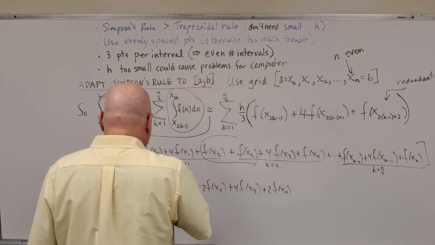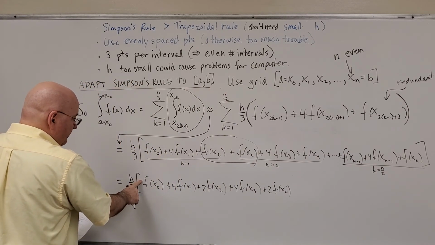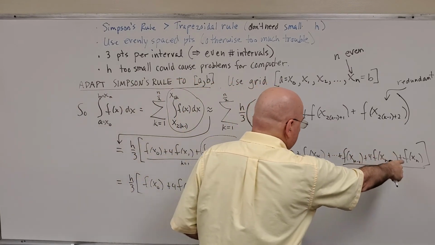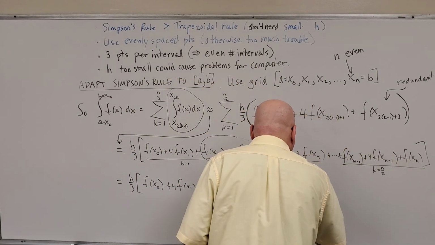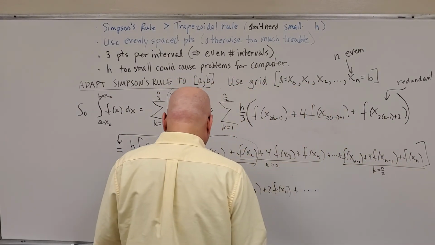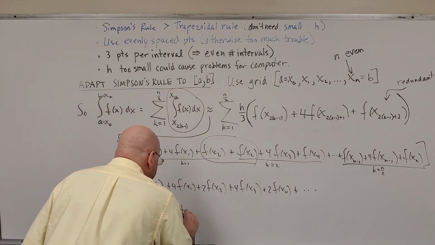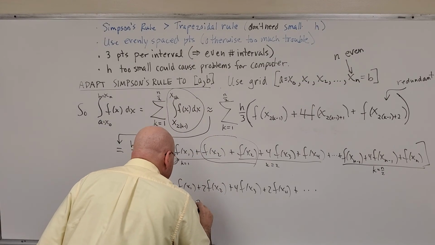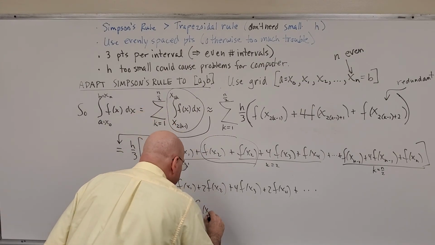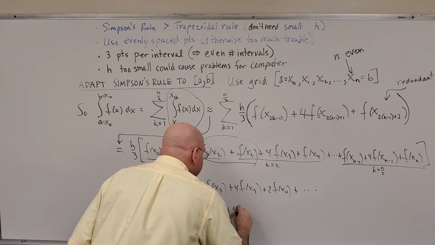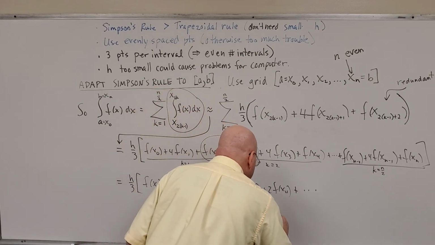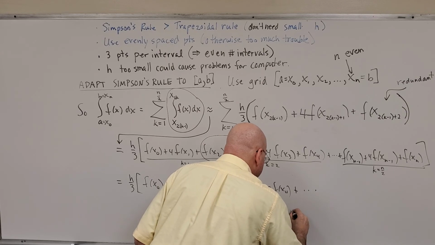And it's going to repeat coefficients 1, 4, 2, 4, 2, 4, 2, 4, and then it's going to end up with just a 1. So I'm going to put plus dot, dot, dot, plus, this one's going to show up twice, 2 f of x n minus 2 plus 4 f of x n minus 1 plus f of x n.